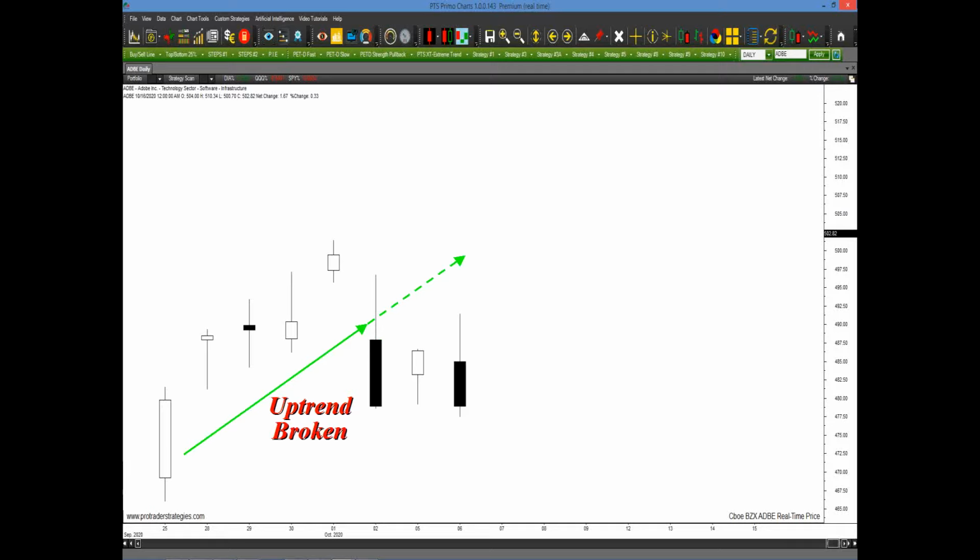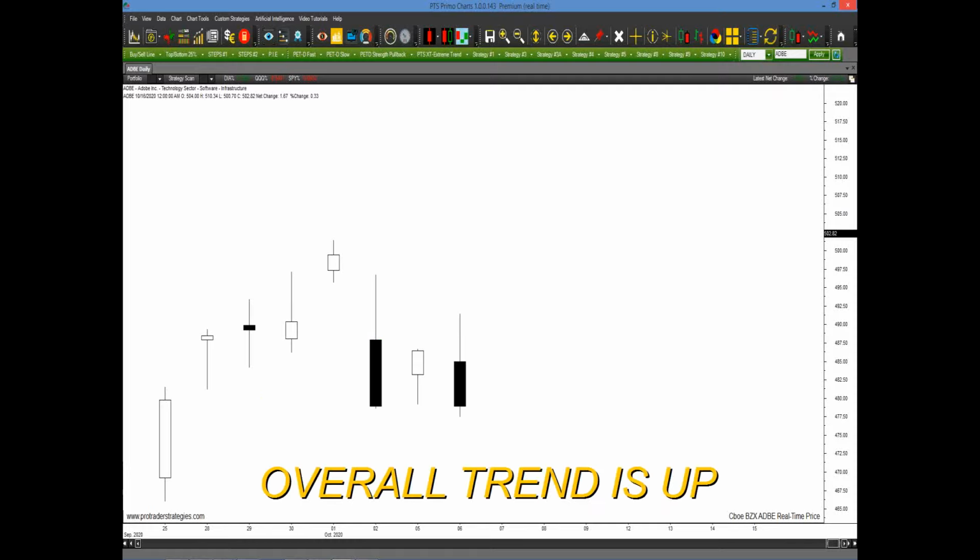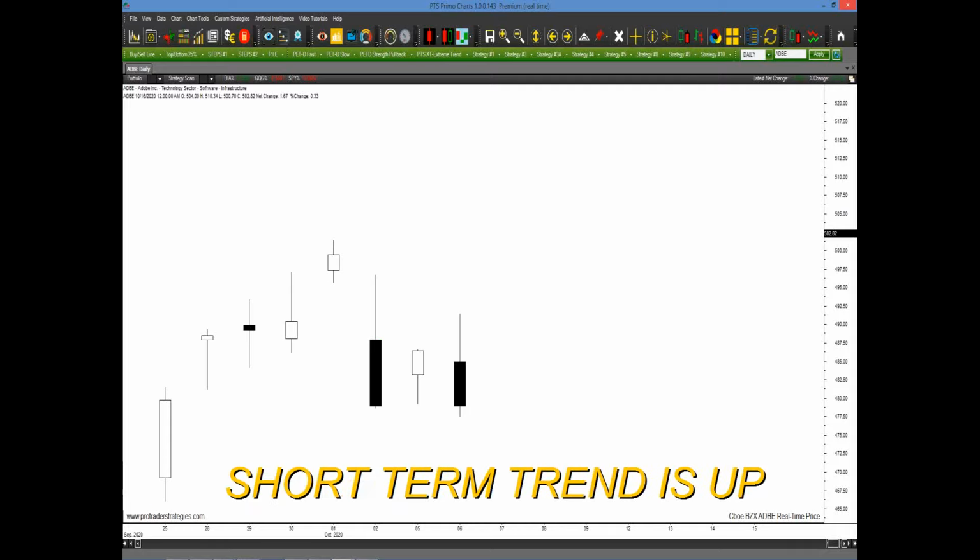Well, I'm going to share with you a rather simple way of combining the overall trend with the short-term trend, because with this simple technique, with the two rules I'll share with you today, you would have actually known that, yes, indeed, you were in an overall uptrend. The trend was up. And at the same time, even though you may have gotten stopped out on this trade, the short-term trend was still up as well.